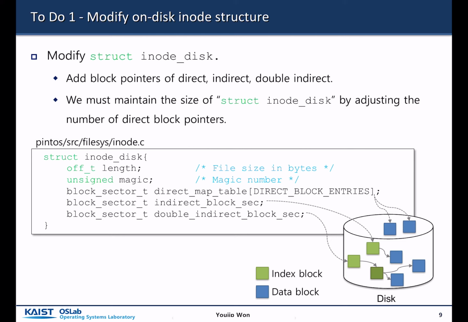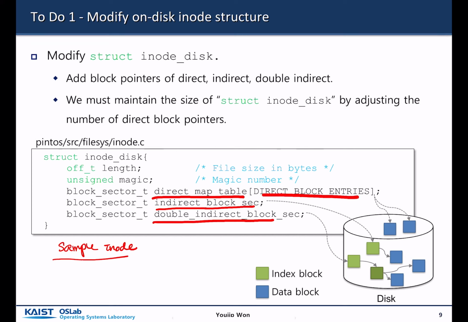So this is a sample inode. In this inode, there are a number of direct indexes, an indirect block, and then a double indirect block. In the direct part, there are a number of direct pointers that point directly to data blocks.